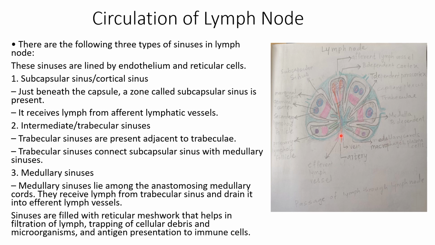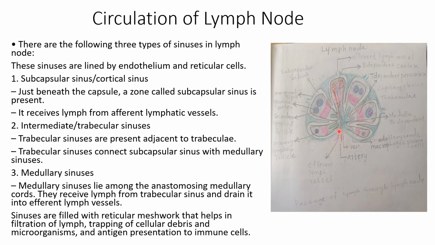Now there are three types of sinuses. First is the subcapsular sinus, second is the trabecular sinus, and third is the medullary sinus. And there are two types of lymph vessels: afferent vessels, which carry the lymph to the lymph node, and efferent vessels, which drain it or leave the lymph node.